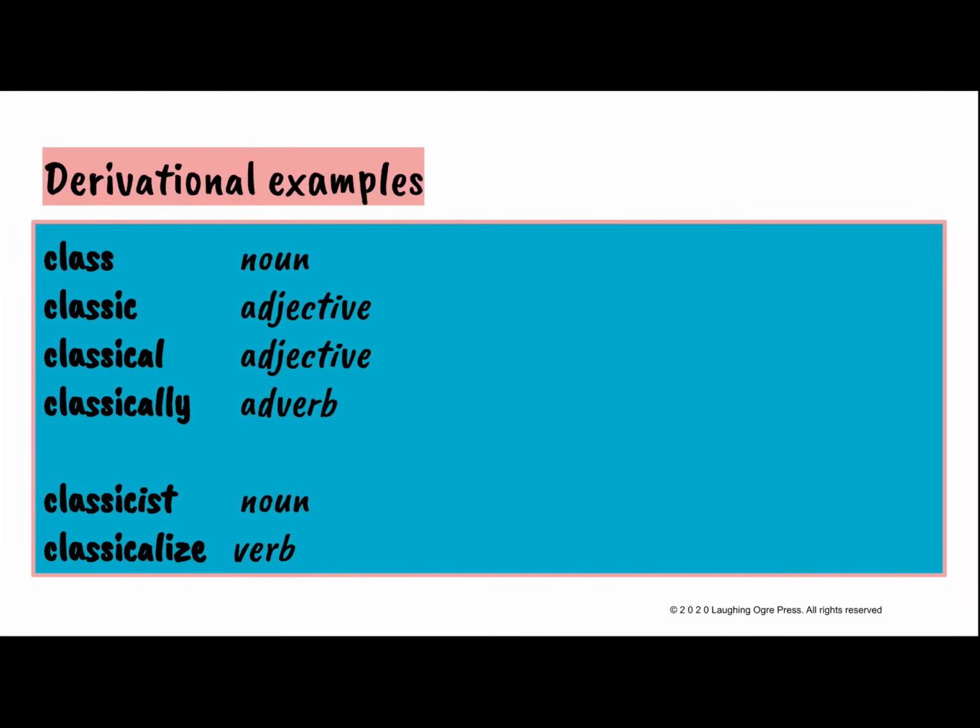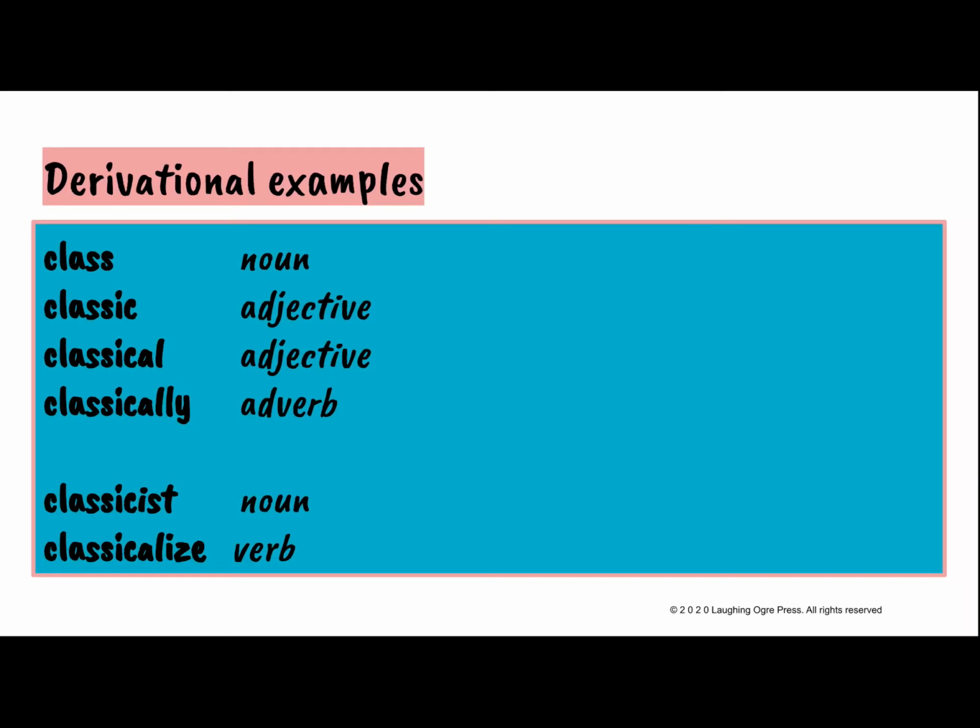And some more examples of derivation would be, just with the single use of the word class, we can take that stem and we can make all sorts of words with all sorts of different word cases. So we have class, which we could consider a noun. When we add IC, it becomes an adjective. ICAL, it becomes another adjective.